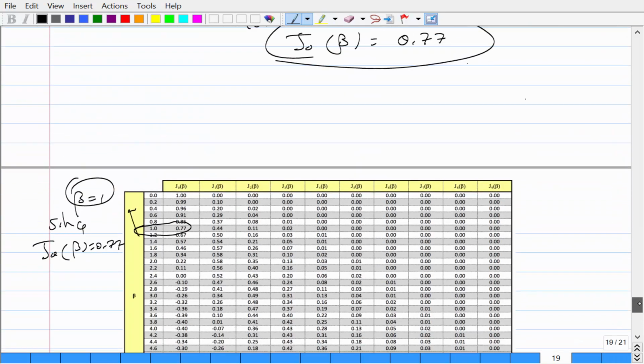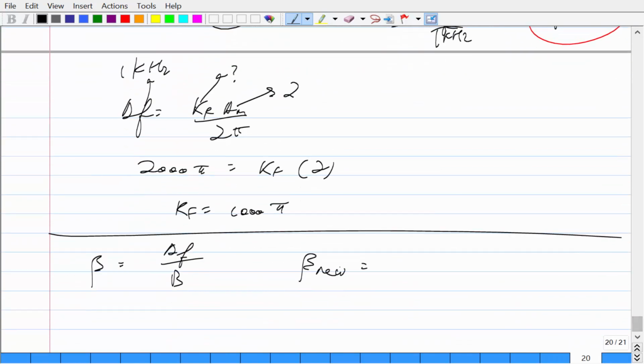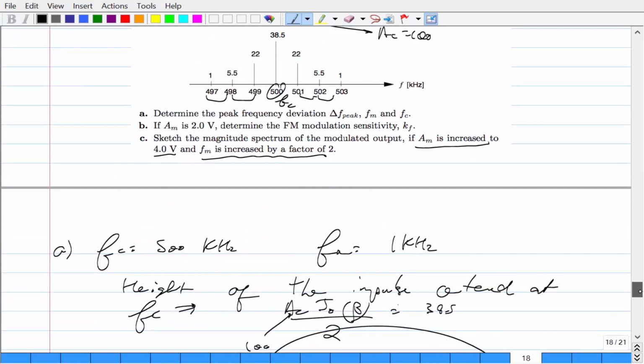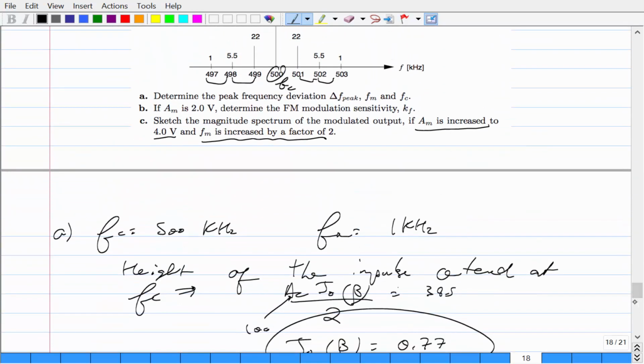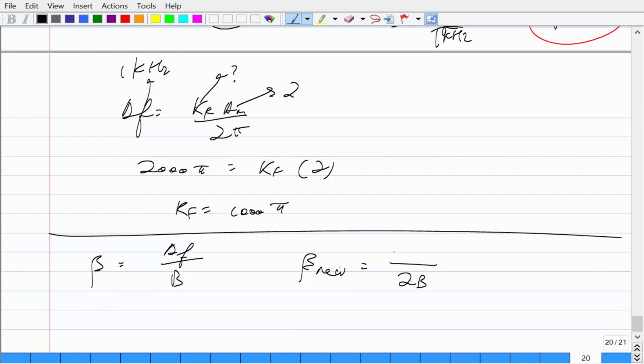So what this is telling us is that if the message frequency is increased by 2, this becomes 2B. And if the amplitude A_M is increased to 4, then delta F becomes K_F times the new A_M, because you're going from 2 volts to 4 volts.